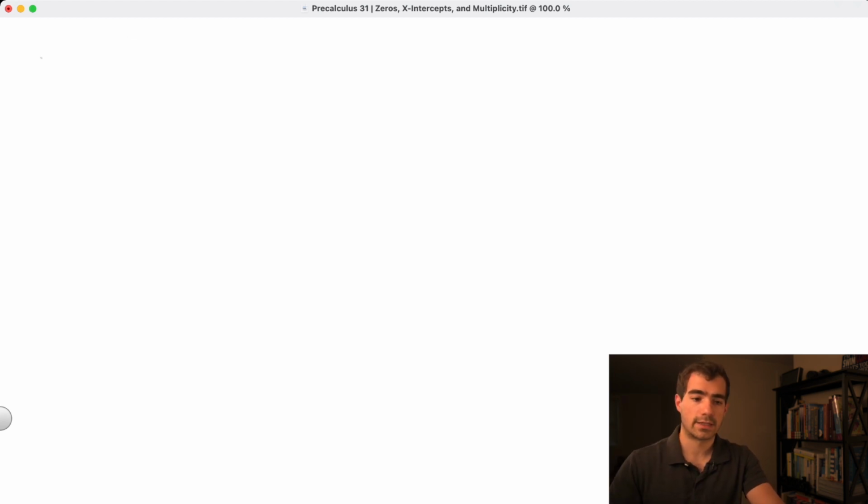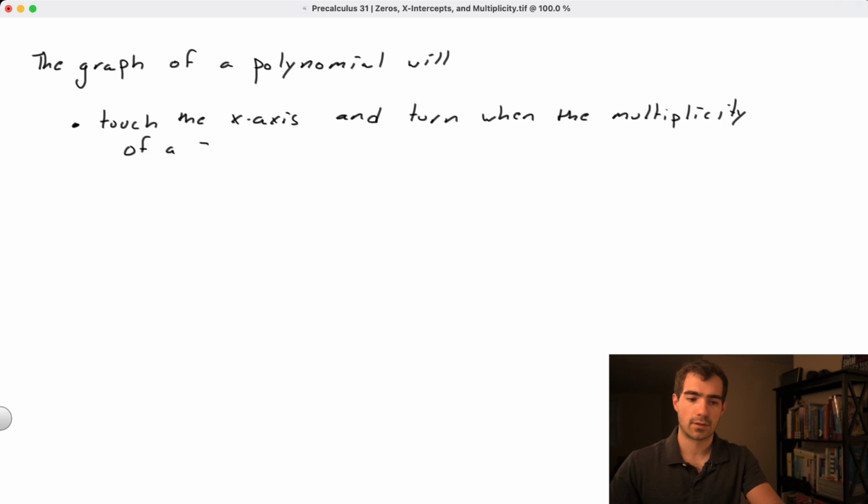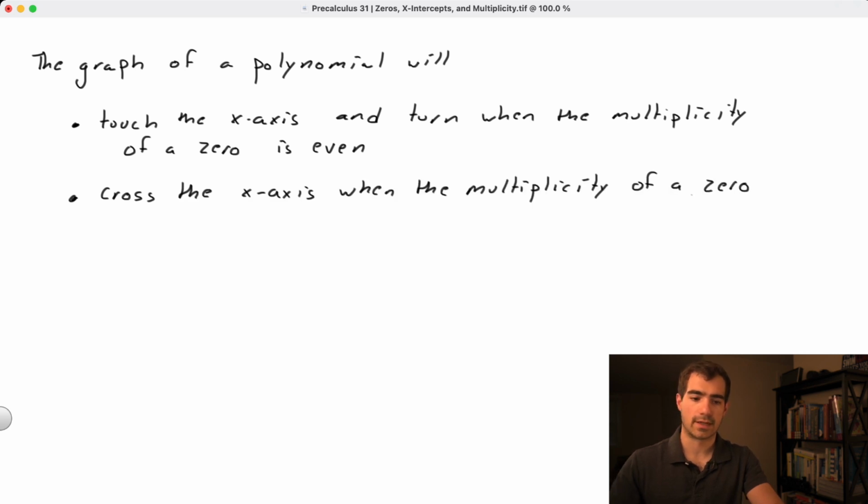And so what we'll find is that the graph of a polynomial will touch the x-axis and turn when the multiplicity of a zero is even, and will cross the x-axis when the multiplicity of a zero is odd.